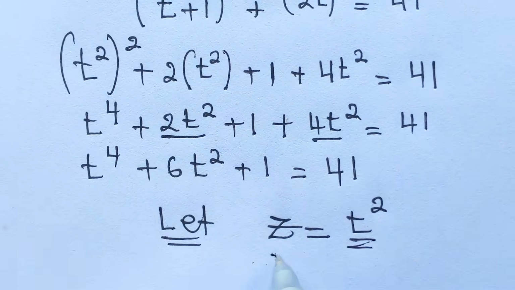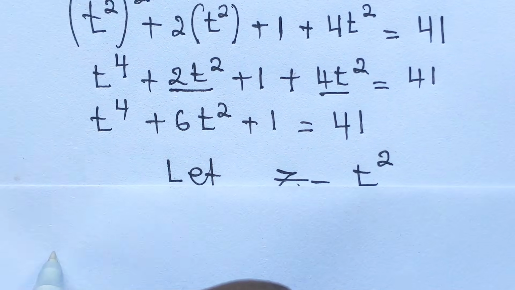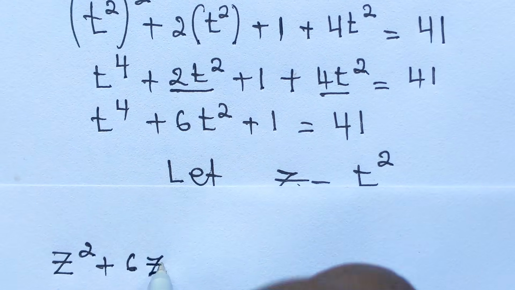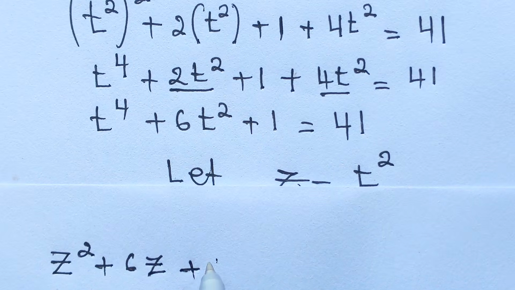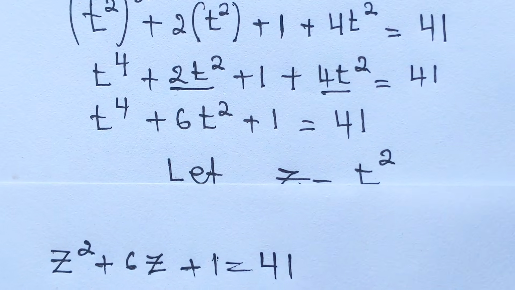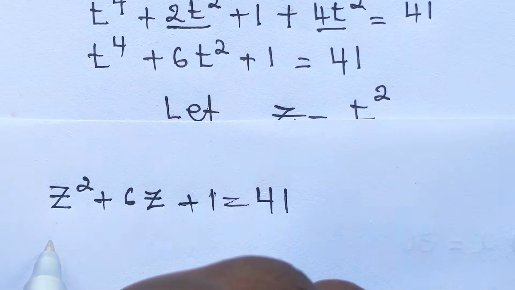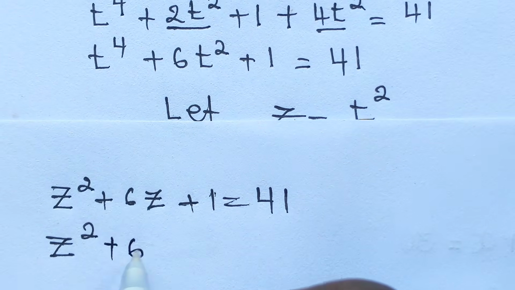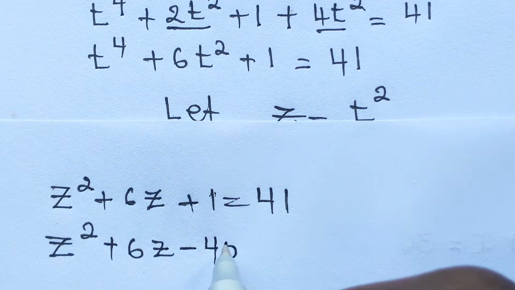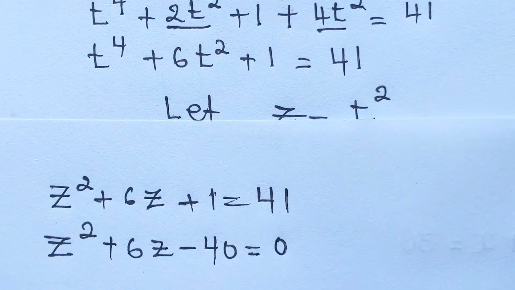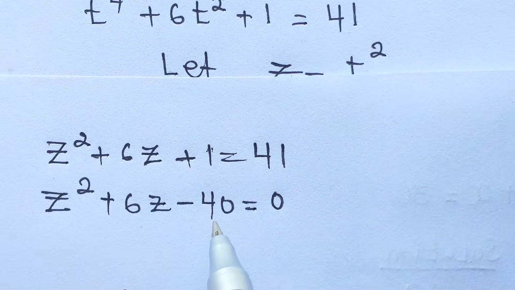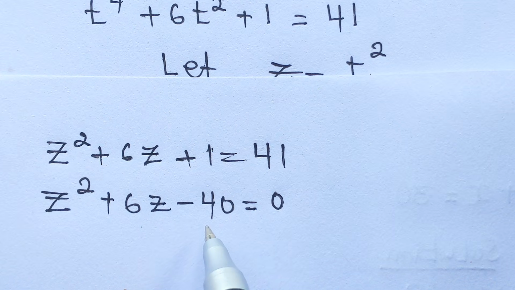Then we get z squared plus 6z plus 1 is equal to 41, so z squared plus 6z minus 40 is 0. Which numbers multiply to get negative 40 and add to get positive 6?